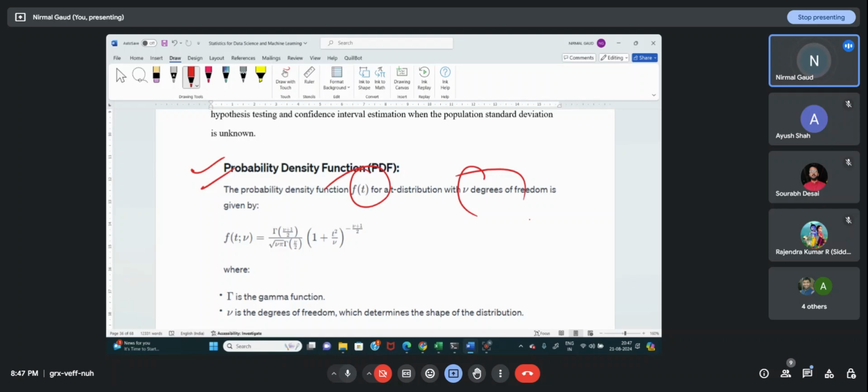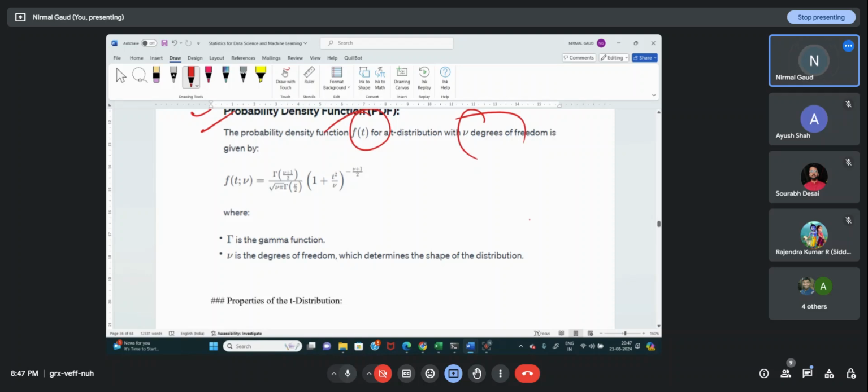So here is a formula for student t distribution. Gamma (v plus 1) by 2, under root of v pi gamma v by 2, (1 plus t square by v) to the power minus (v plus 1) by 2. I know that it's hard to learn this formula because normal distribution formula is very easy.